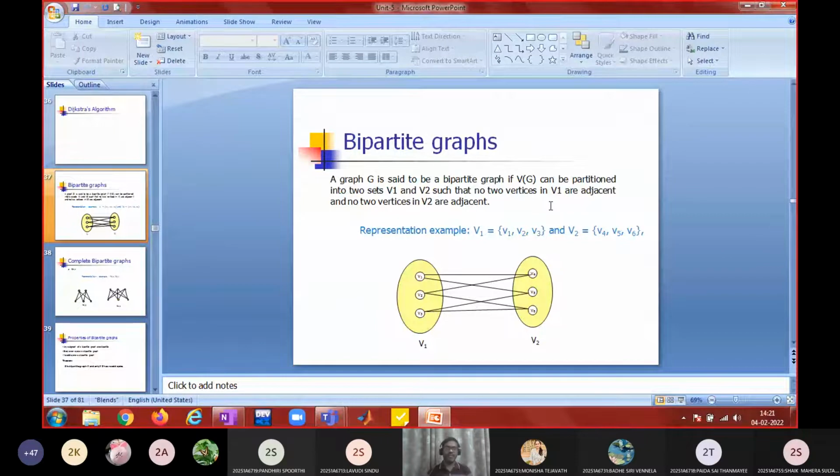If in a graph you can partition the vertex set into two sets such that no two elements in the first set are adjacent and no two elements in the second set are adjacent, and if there is an edge connecting two vertices, one end of the edge must belong to the first set and the other end must belong to the second set, then the graph is said to be a bipartite graph. Otherwise, it is not a bipartite graph.